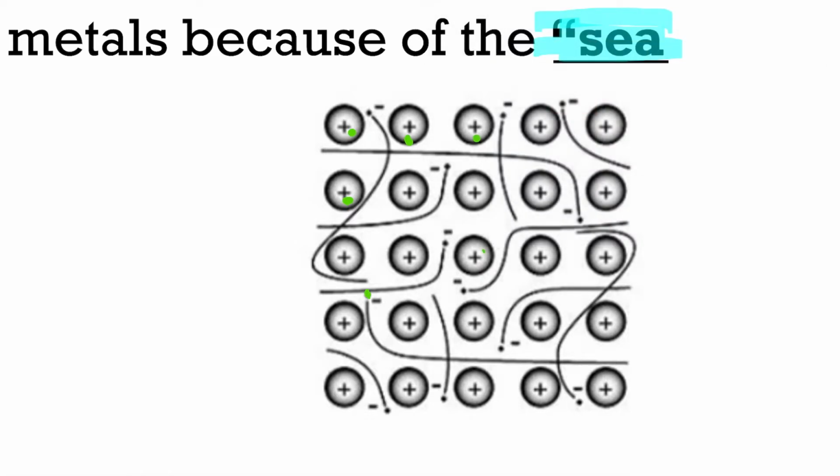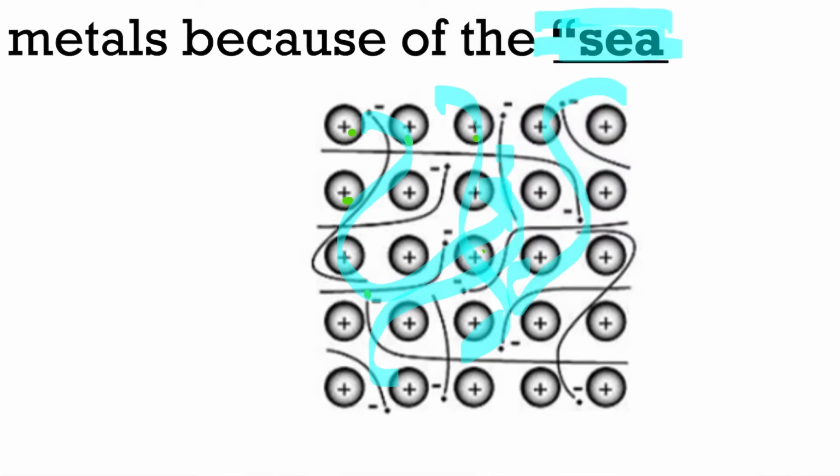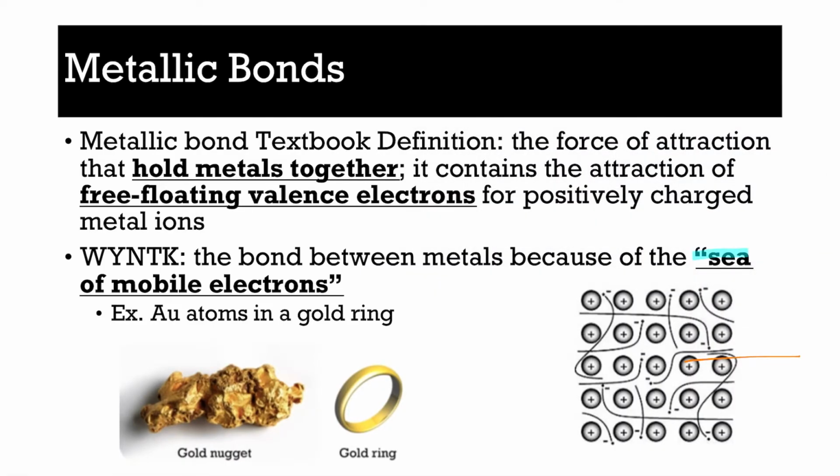If you ever think about how water flows in the ocean, they just kind of flow wherever they want. So that's the sea of mobile electrons. The electrons are able to move wherever they want, and that is what causes metallic bonds. Again, that is the most important part of metallic bonds.